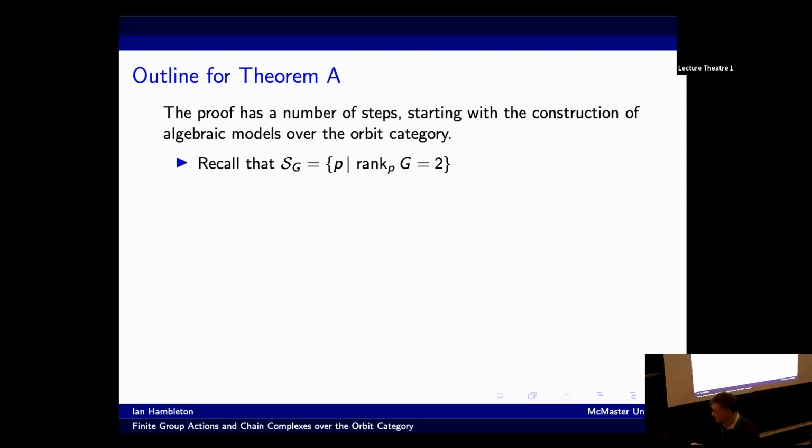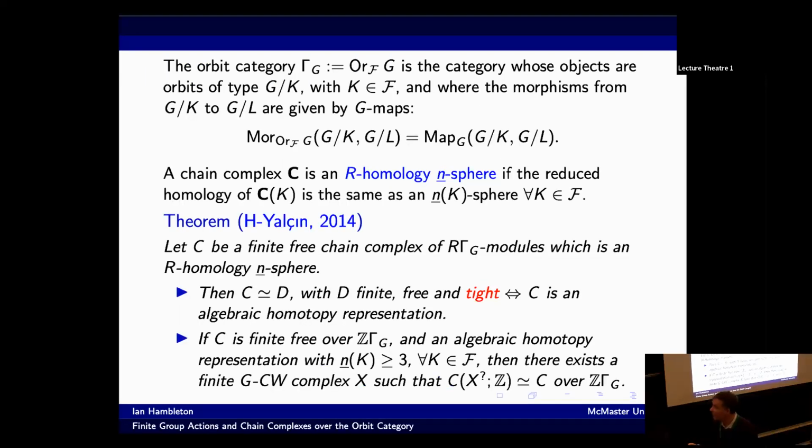And then the key to eventually producing the examples is that if you have an algebraic homotopy representation and enough stability on the dimensions of the various fixed sets, then you can find a finite G-CW complex realizing that over the orbit category.